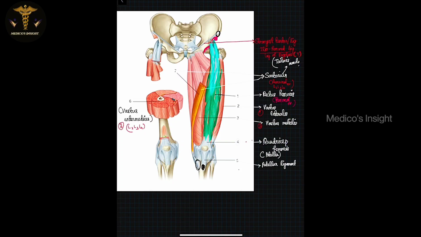So this sartorius mainly functions as a flexor. Here I mention, it flexes the thigh.